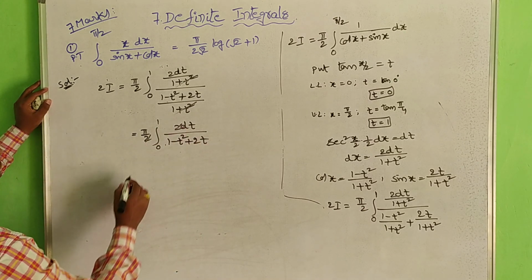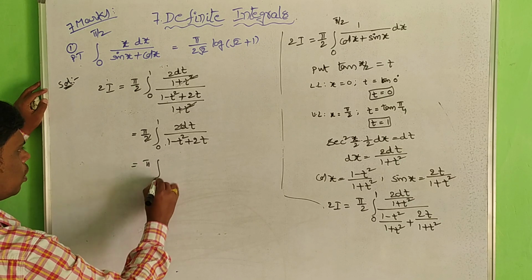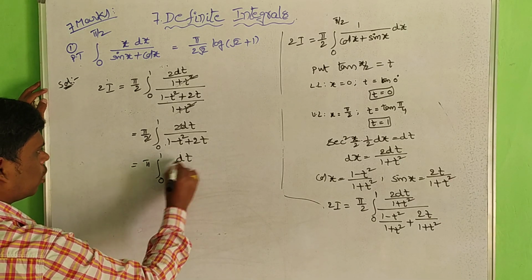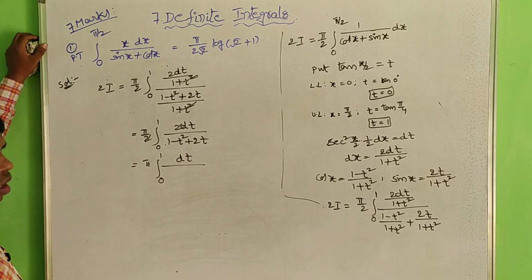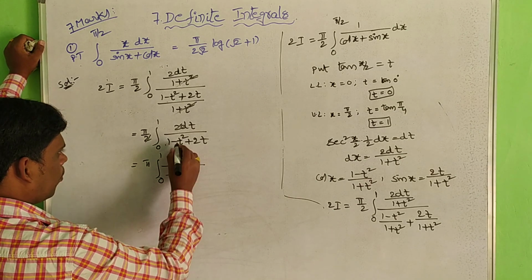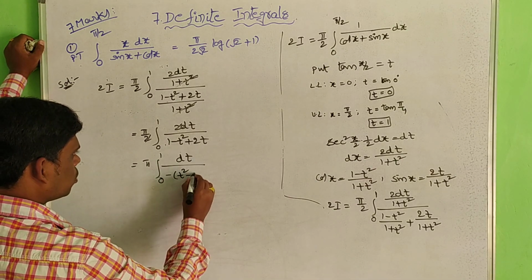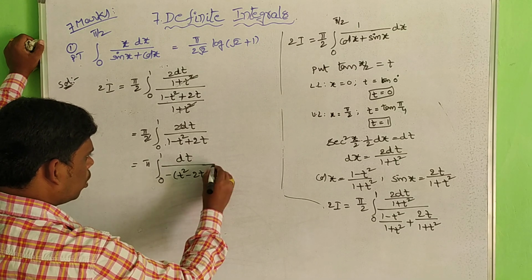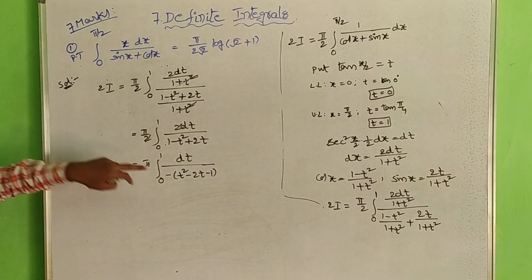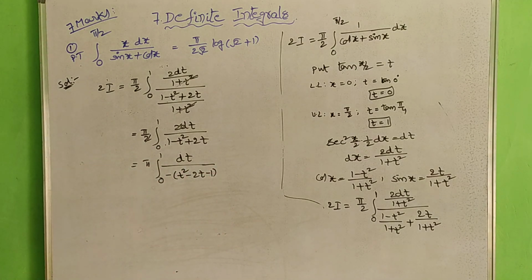The 2 cancels. That equals pi integral 0 to 1 dt by, minus is common, t square minus 2t minus 1.